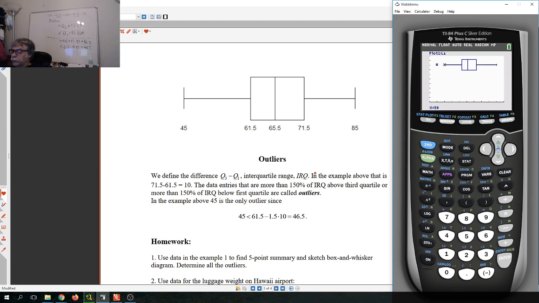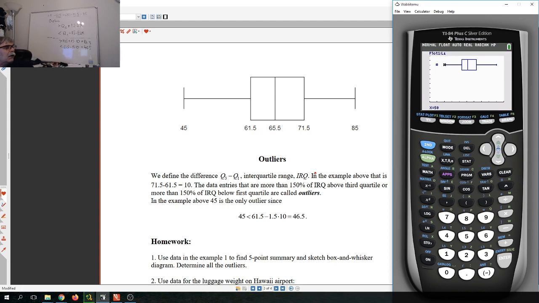So remember that this is a very specific way how we determine what an outlier is. It's not a perception, so it's not, well, do I feel good about it, or that this thing looks like something that doesn't belong to the sample, or it's very different than the rest of the sample. No, we are not doing it that way. We are using a particular formula, like you see on the board, to determine the outlier.